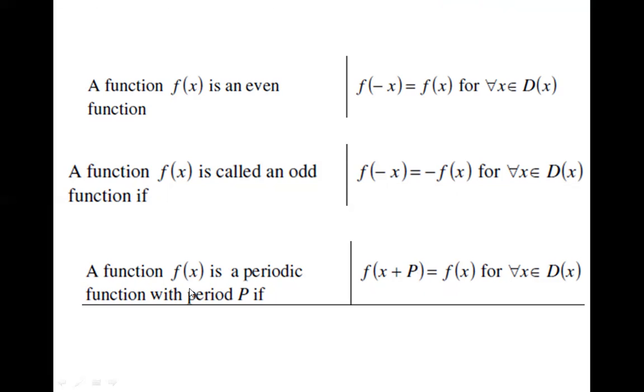A function f of x is a periodic function with period p if f of x plus p is f of x for any x belonging to D of f.